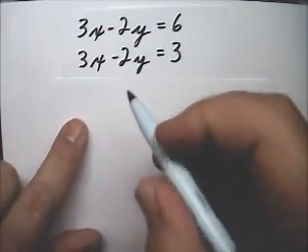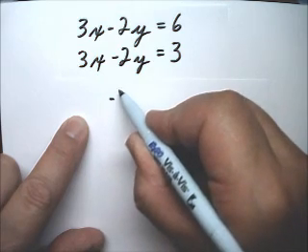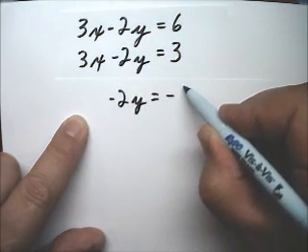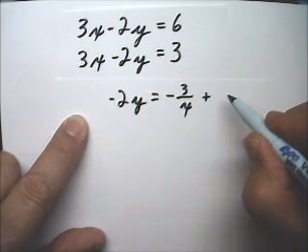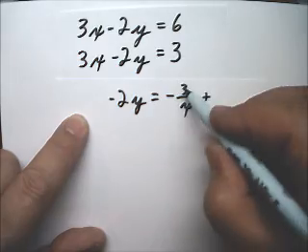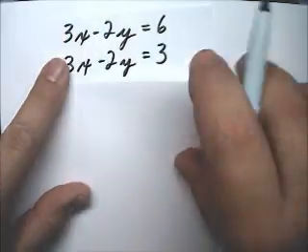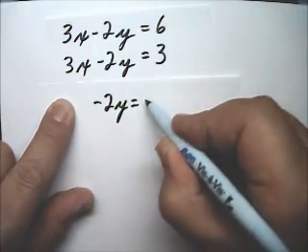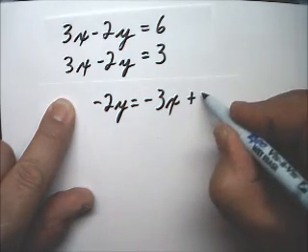I think I'm going to change this into slope-intercept form. So I'll start out with minus 2y equals minus 3x plus... I'm sorry, that's not right. That was minus 2y equals minus 3x plus 3.